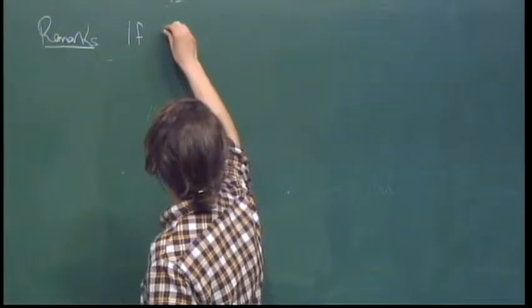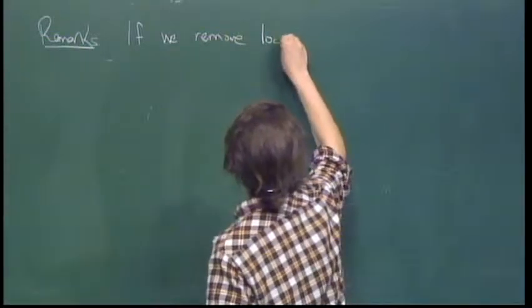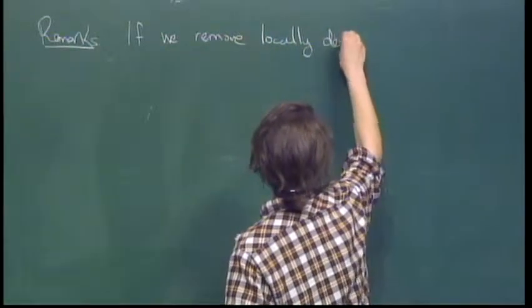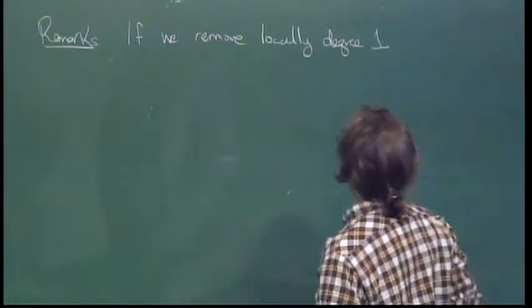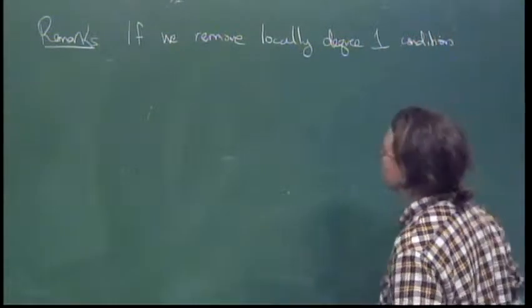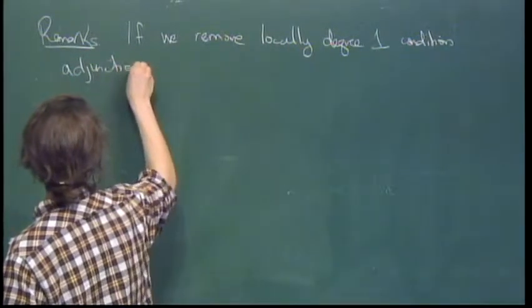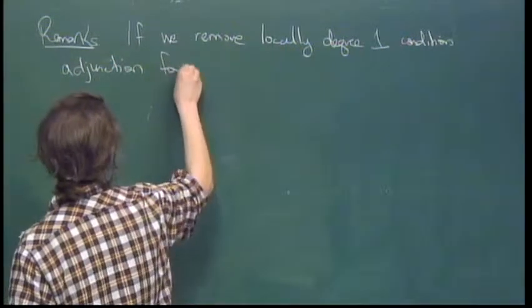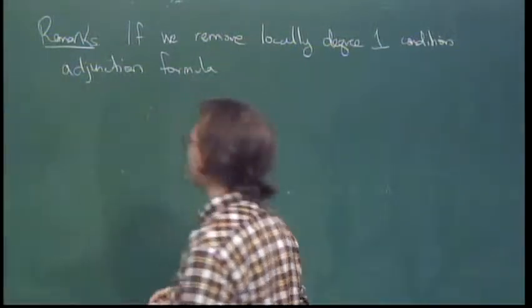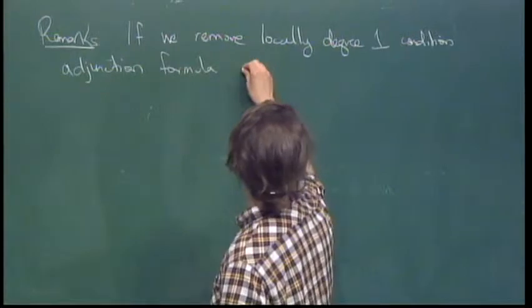So if we remove the locally degree 1 condition, the adjunction formula can fail in two ways, so that we don't even get an inequality.